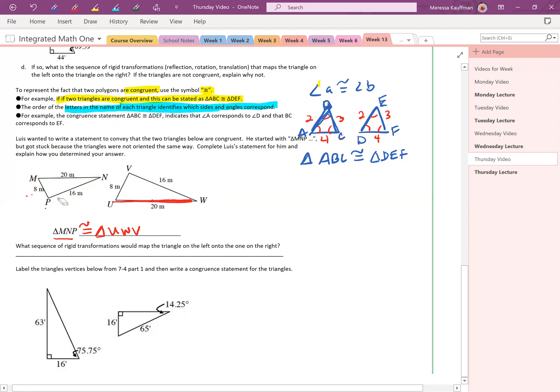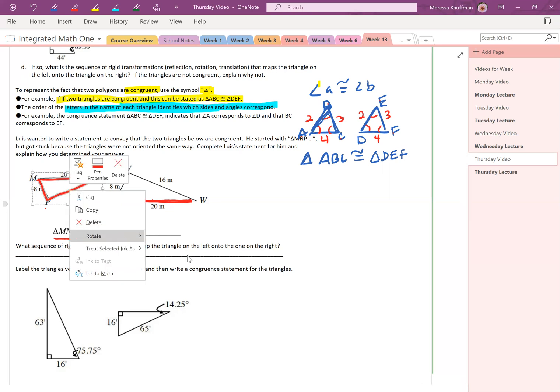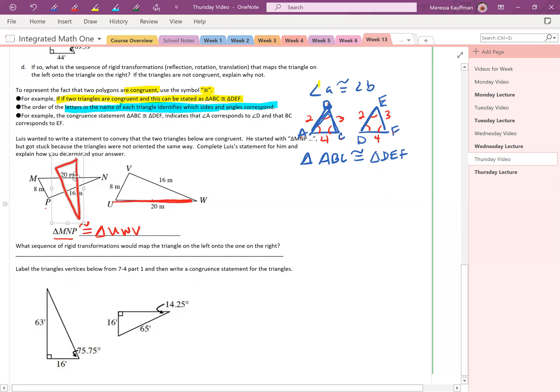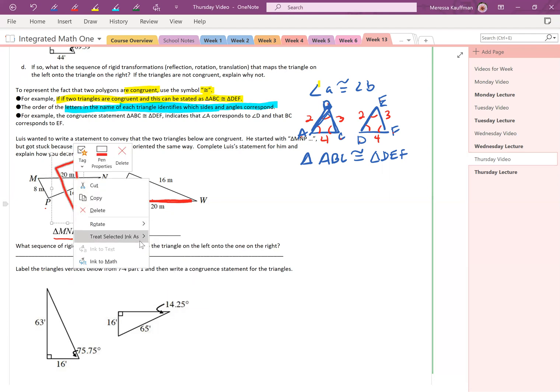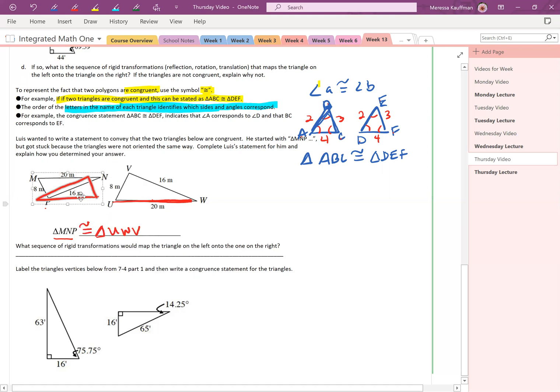You ready? I'm going to carefully trace it out. And let's give it a rotate and let's see what happens. I'm going to rotate it one more time. Doesn't quite add up, huh? Look at that. The 20 adds up, but not that.